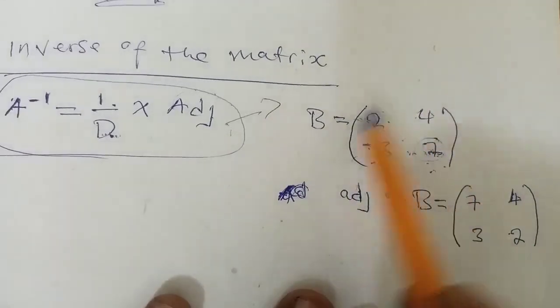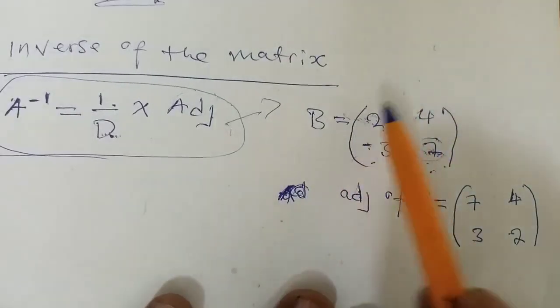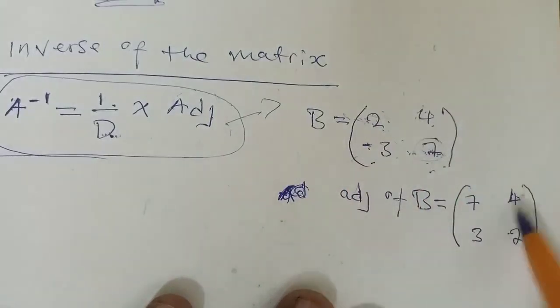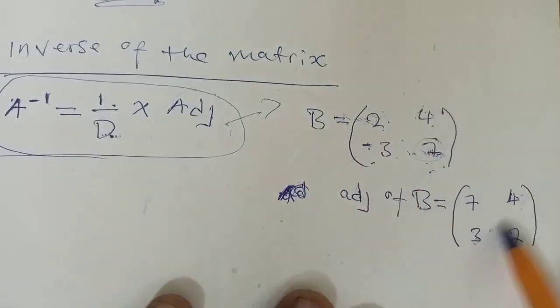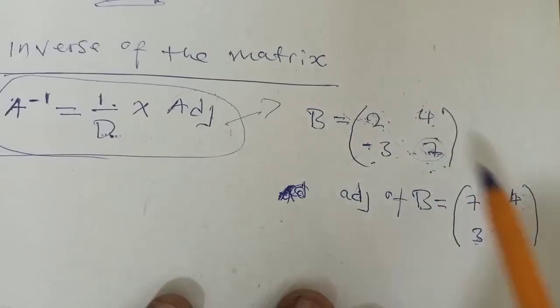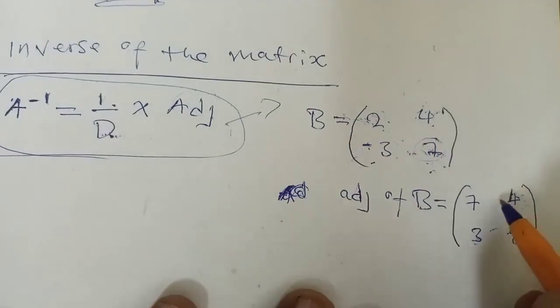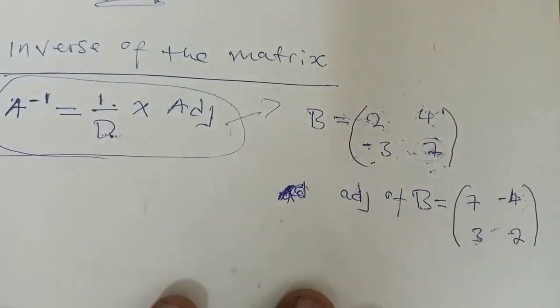Okay, they'll exchange their sign, or should I say, if it was positive, it will become negative. So these numbers on the minor diagonal will remain like that, but they will change their signs. So suppose it was positive, it has to be negative, like that, as simple as that.